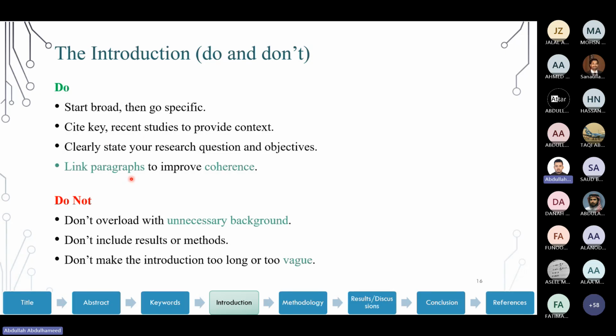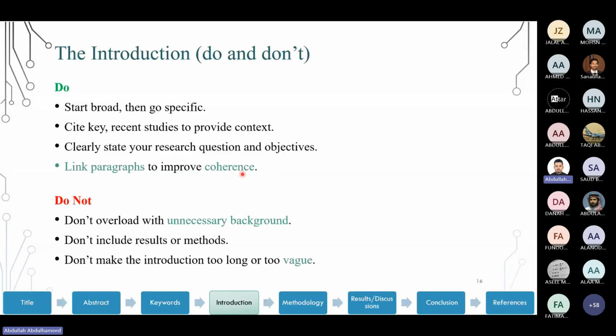Number one, do not overload with unnecessary background. This is another one of the biggest mistakes that students usually make, which is they create background that is very general. For example, they talk about physics. If we stay with our example, the solar energy, they will talk about light and how light can be converted to electric energy, from optical energy to electric energy.